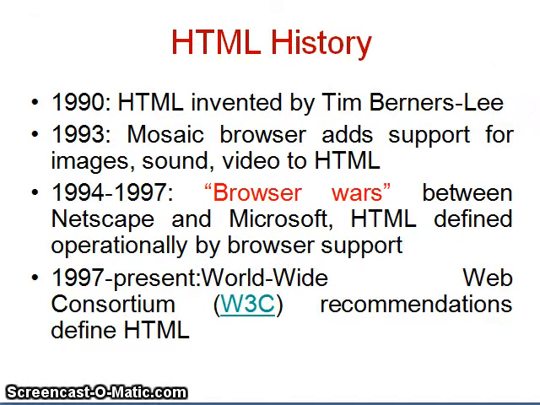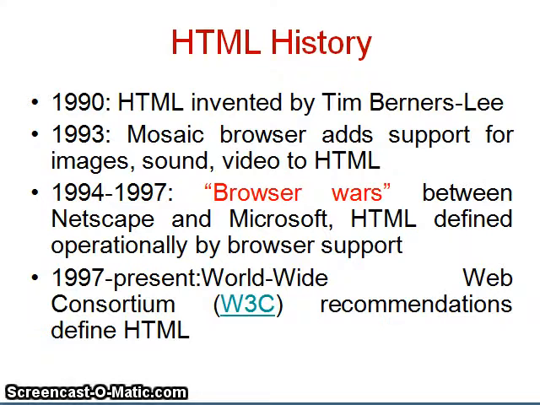The history of HTML. In 1990, HTML was first invented by Tim Berners-Lee. In 1993, the Mosaic browser was first developed. It added support for images, sound and video to HTML. After that, during the years 1994 to 1997, there was a browser war between Netscape and Microsoft.